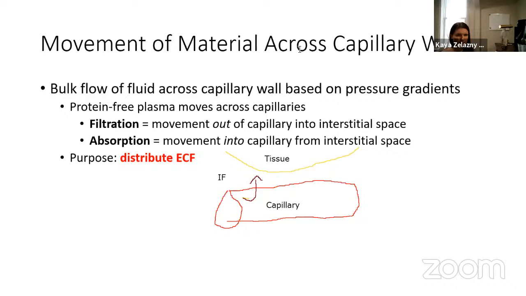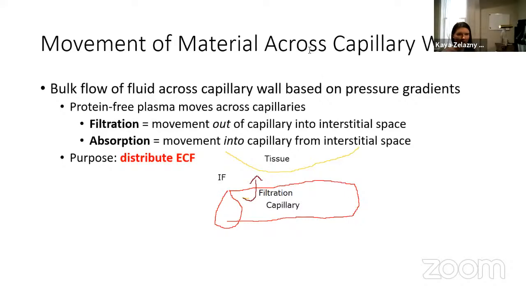I'm emphasizing this just because it's important that you think about filtration and absorption from the perspective of the blood rather than from the perspective of the tissue. If you think about it from the tissue's perspective, you're going to get confused. So this is filtration. We're moving from the blood, from the capillary into that interstitial space.